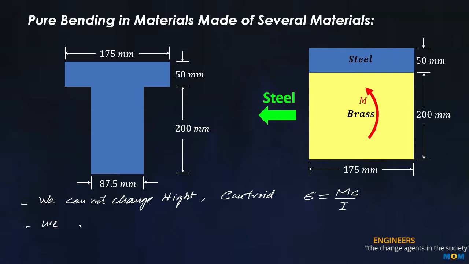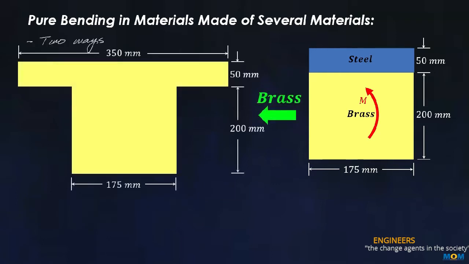However, we can change the width of the component. As we see in this case, we are taking half of the steel to replace the brass. So we are reducing the width to 87.5 millimeter, that is half of 175 millimeter of brass.